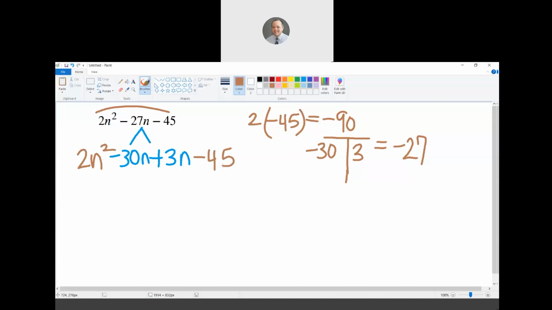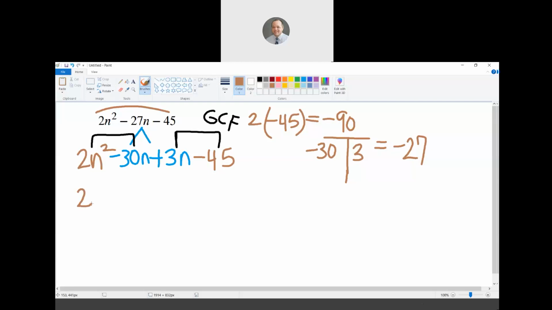The last step is factor by grouping. So we will group the first two terms and the last two terms and pull out their respective GCFs. The first pair of terms, they have a 2 in common.